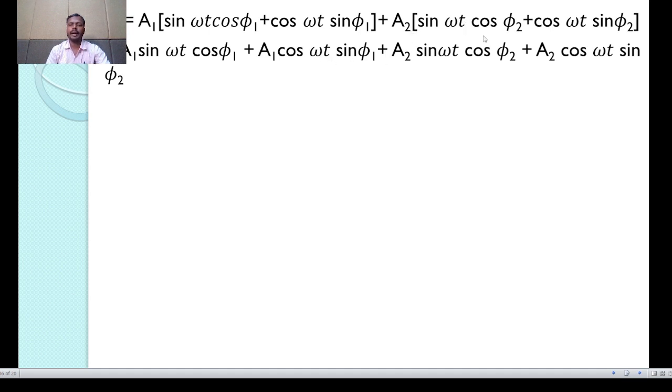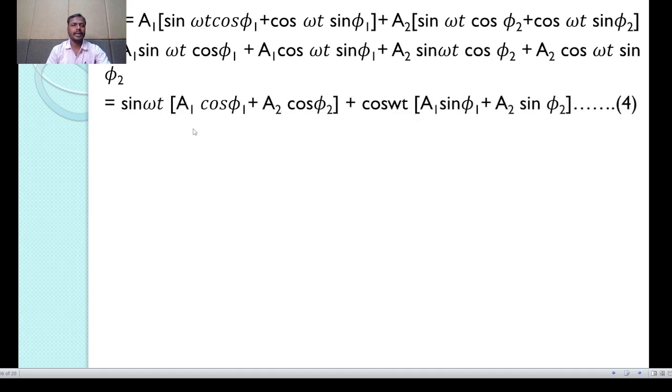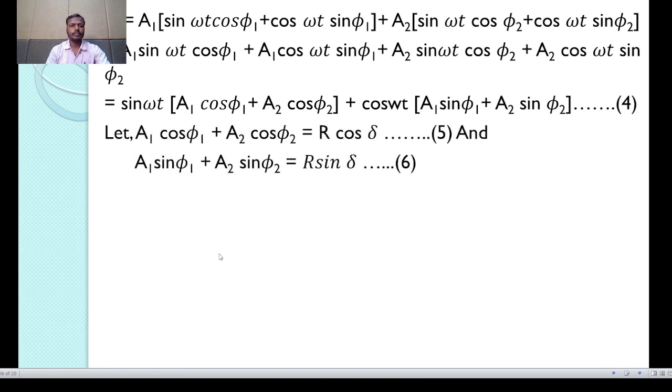Multiplying A2 inside the bracket, we can write A2 sin ωt cos φ2 plus A2 cos ωt sin φ2. Taking sin ωt common from the first term and third term, we can write sin ωt in bracket A1 cos φ1 plus A2 cos φ2, plus, taking cos ωt common from the second term and fourth term, we can write cos ωt in bracket A1 sin φ1 plus A2 sin φ2.